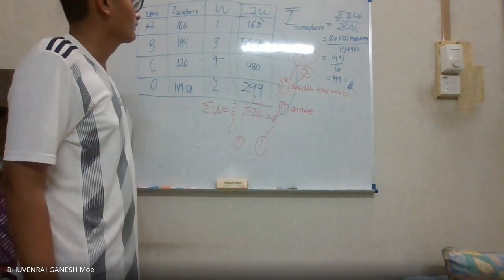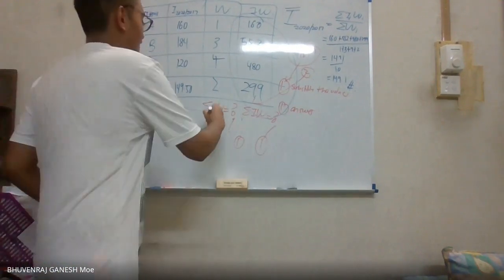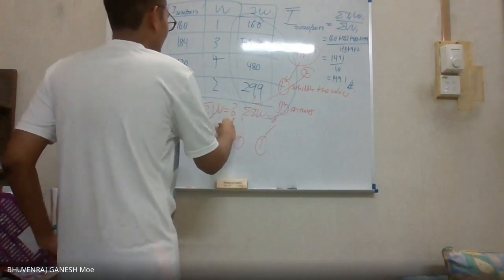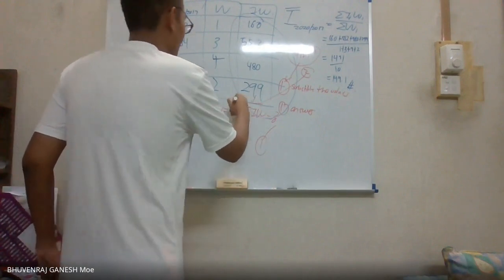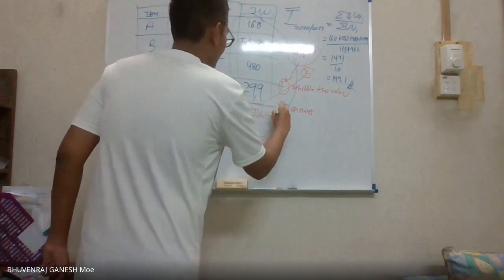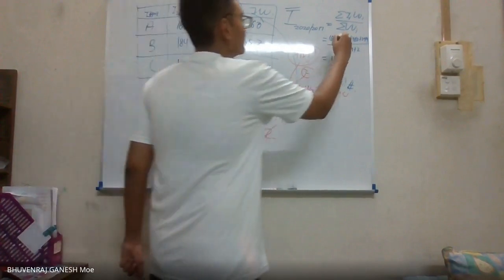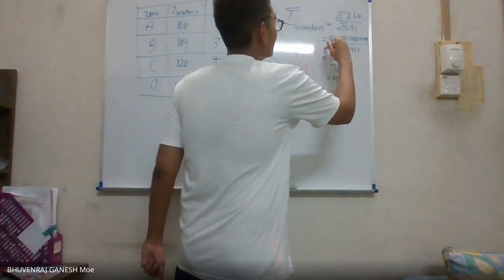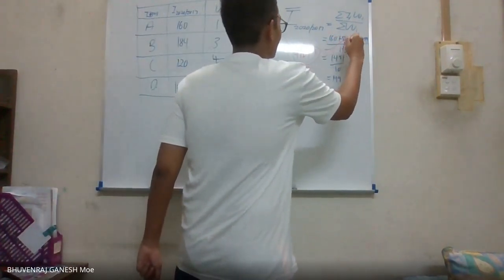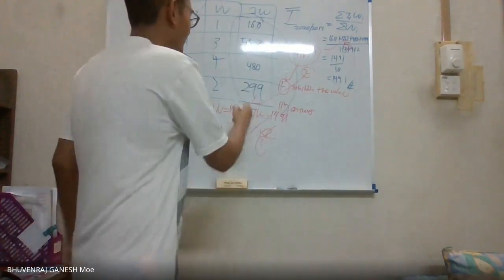And then this is probably where the marks are. You have to write down the total weightage. So we got 10, and then this is 1491. So this is the second mark. And then here, where you substitute inside, you get another mark, your value here.